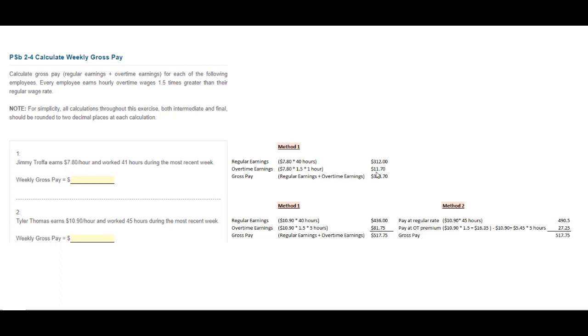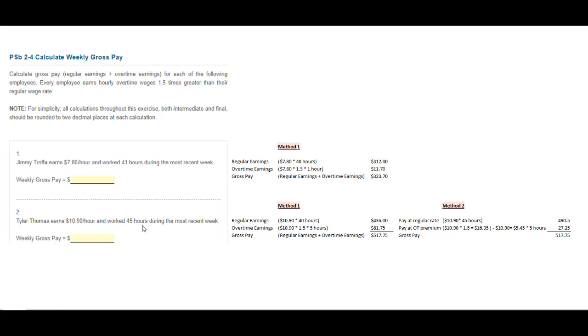So that comes out to $11.70. That's the overtime earnings. Combined with regular earnings, we have the total gross pay for the week. That's $323.70.